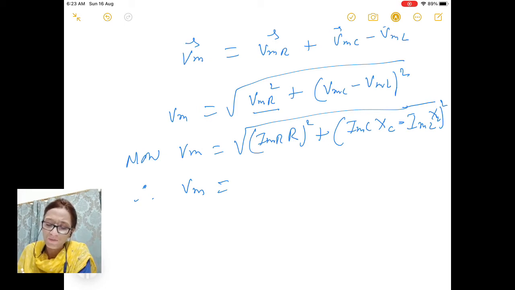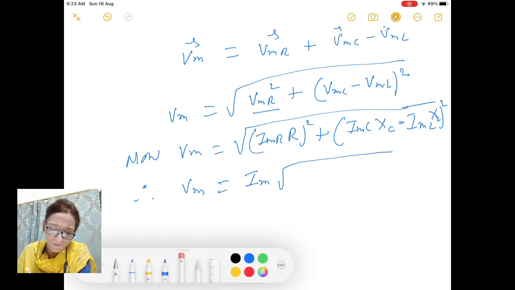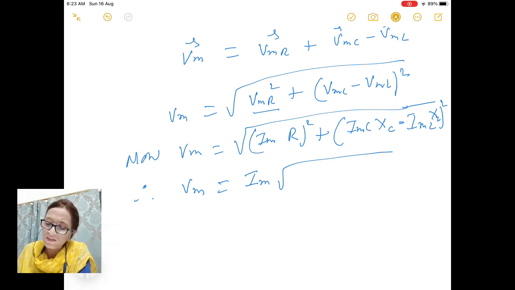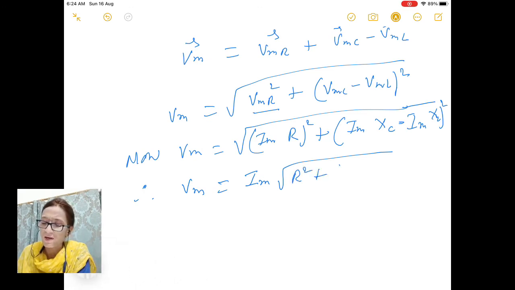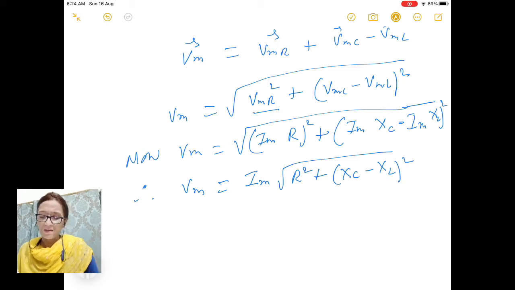The square of the current amplitude, when it comes out, becomes simply the current amplitude, and the current amplitude is the same. The same current is passing through all the components, through capacitor, resistor and inductor, so we need not write the subscript like capacitor or inductor. So simply we write Im, and here root under R square plus XC minus XL whole square.